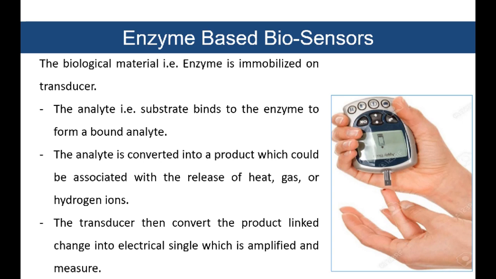After adding the blood, the analyte binds with the enzyme and forms a bound analyte present in the strip, and that gives a change in the product level associated with the hydrogen ion change on the strip. That change is transmitted and converted by the transducer linked with the processor, and it gives a measurable signal to the device, and that device will give you the appropriate reading of the blood glucose.